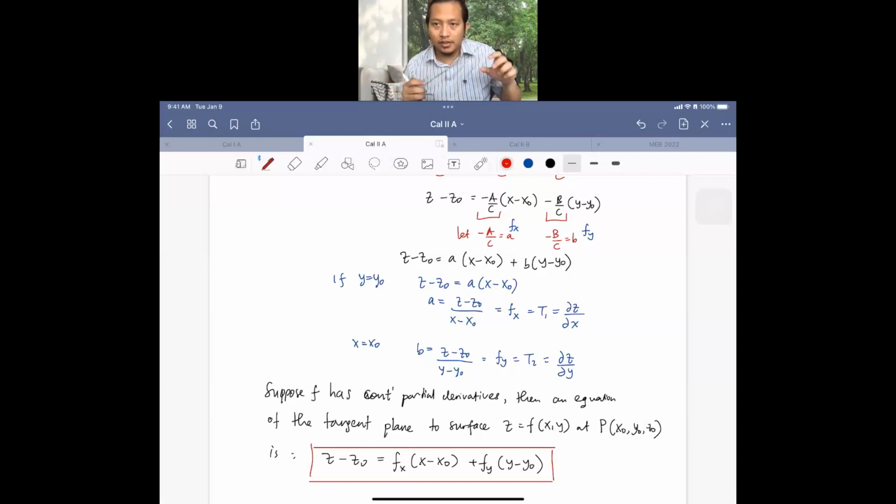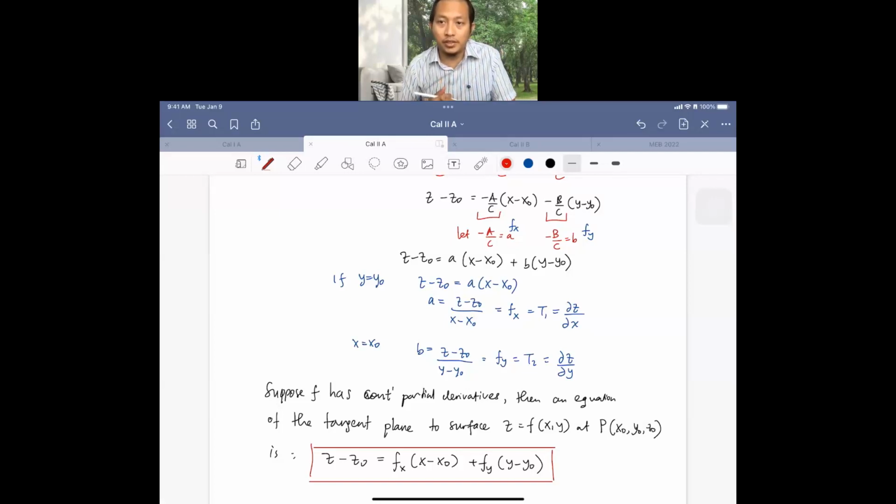For example, we take one variable as a constant, and then we can take the limit, and thus we also can take the derivative, because the limit definition exists. From those definitions, we simply look at the slope, and we have two slopes that we can connect into a single plane.